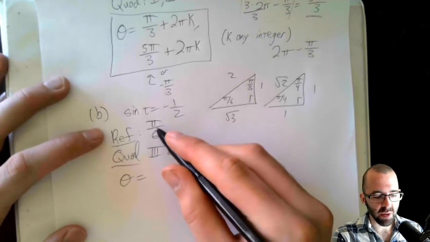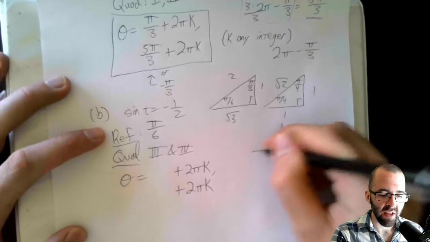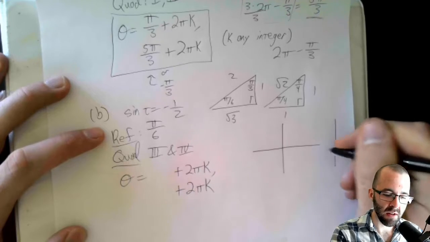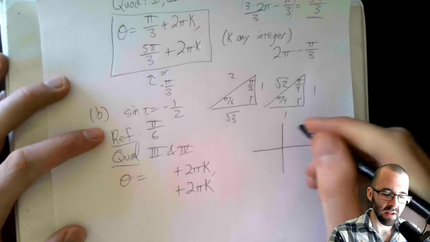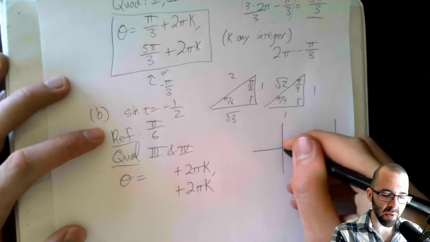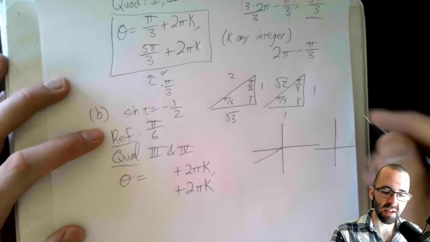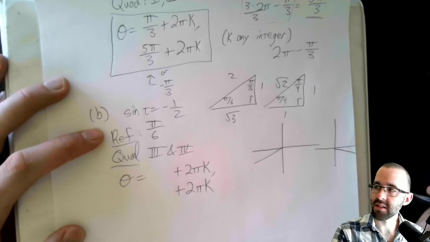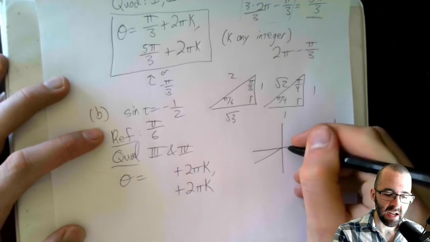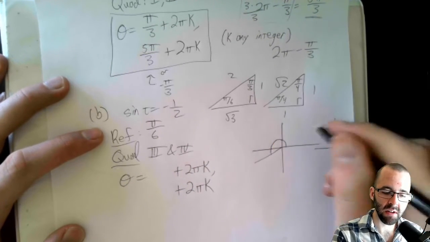So we just need to find out what the angles are that have a reference angle of pi over 6 in the third and fourth quadrant. In the third quadrant, it looks like this, pi over 6. The fourth quadrant, it looks like this, pi over 6. So we just need to find this angle.